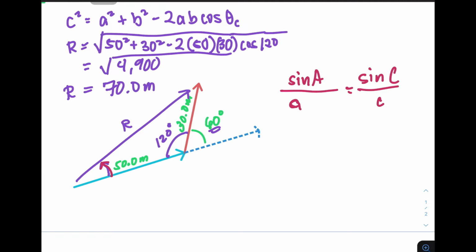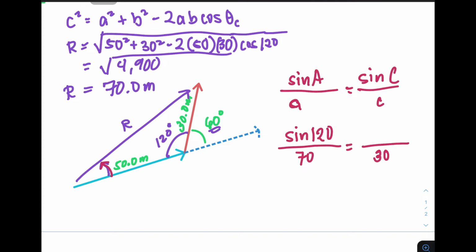Now let us substitute the values. We have the angle which is opposite of the resultant, which is equal to 120, so we have sine 120, and its resultant, which is equal to 70 meters. What we're trying to find is the angle opposite of 30.